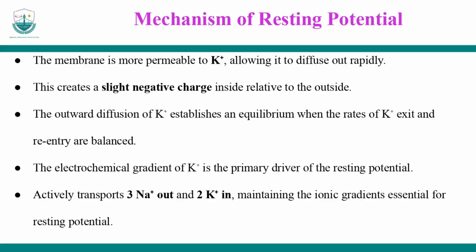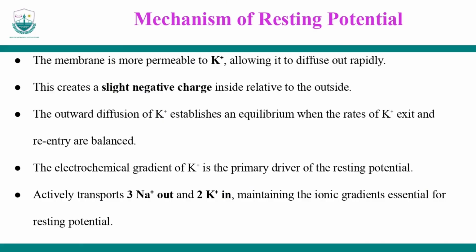At resting membrane potential, the membrane is more permeable to potassium ions, and therefore this allows more potassium to move out. And that movement of the potassium ions out creates a slight negative charge inside relative to what is outside.